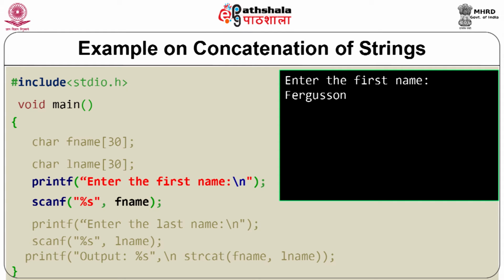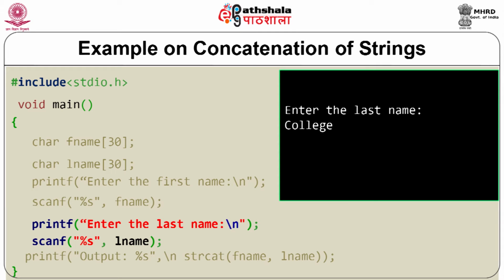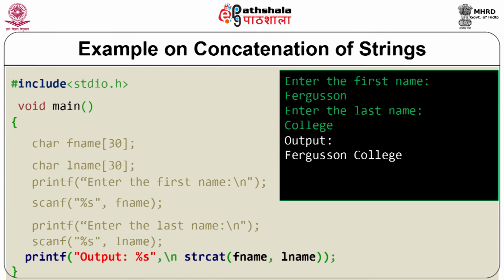Then I am again using printf and scanf statements for the next string, and my next string is college, and I am trying to combine these two strings, or I am trying to append the lname string after fname. So the result will be Ferguson college. So Ferguson and college, these two strings are combined together or linked together, and the result is displayed.